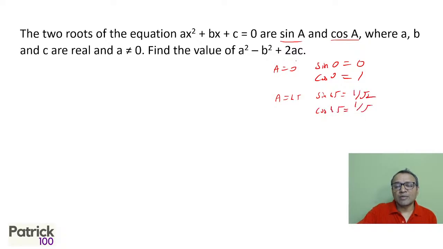You can do any of them. I'm just saying one of them because it's a theta question, and the answer has to be an integer. Take one of them, try to find the values of a, b, c and get the answer. It looks difficult, but it's actually very simple if you know how to substitute the right values. The key is to substitute the right values, and then you will get the answer.